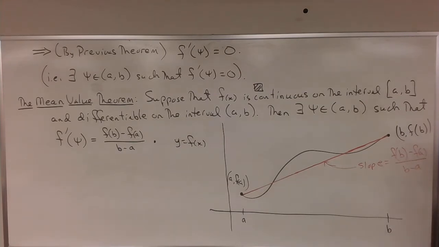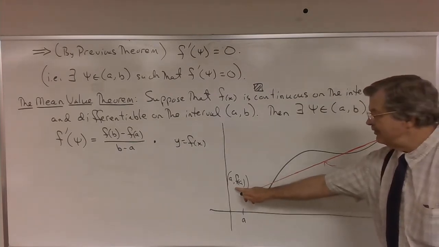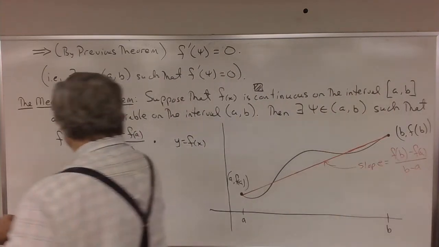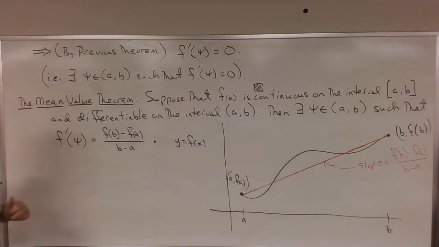So this line that joins points a, f of a and b, f of b has this as a slope. The mean value theorem says that somewhere between a and b there's this x value psi where the derivative equals this slope.